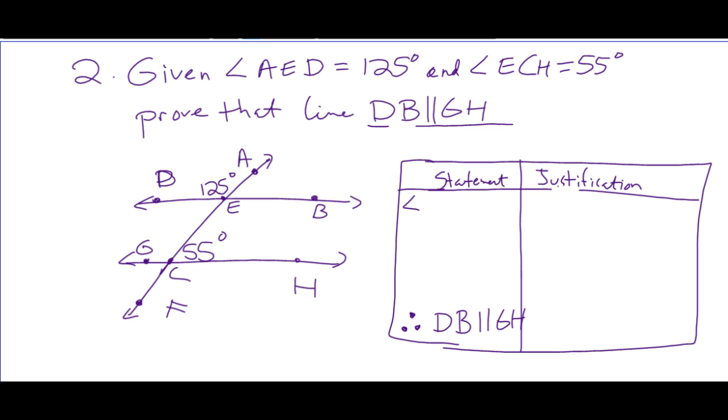Angle AEB. All right, what about angle AEB? Angle AEB equals what? 55 degrees. Why? That's an excellent answer. Because they are supplementary angles.